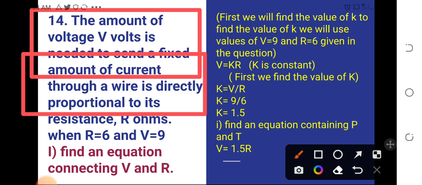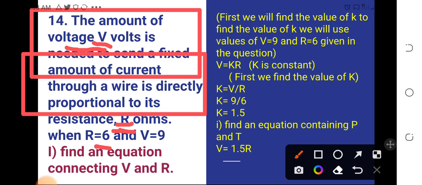So the amount of voltage is directly proportional to its resistance R. So V is directly proportional to R. They have already given us the values: when R is equal to 6, V is equal to 9.